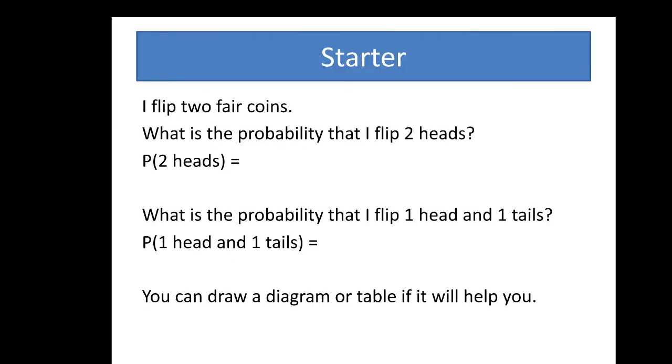Right, so starter. This is based off the work you did last lesson, so pause the video, just check you can do this. Okay, so you should have paused. You're flipping 2 fair coins, probability of flipping 2 heads. It said you can draw a diagram or a table if it helps you.